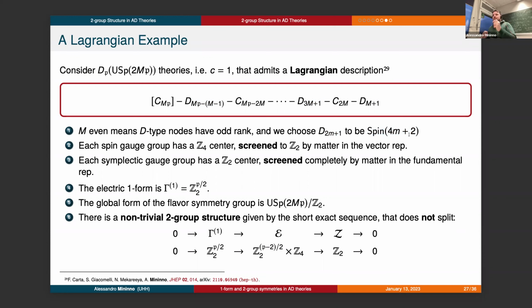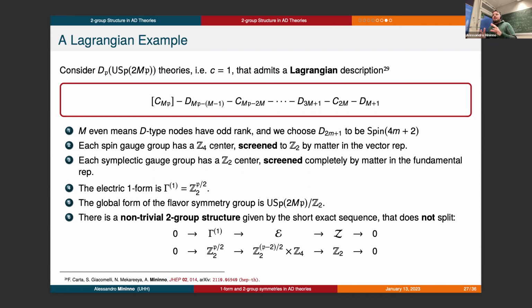Then we proceed with the same logic as before. Each spin gauge group has a center Z4, but is screened by a Z2 by the fact that you have matter in the vector representation. And then each symplectic group has a center Z2, screened completely by the matter in the fundamental representation.